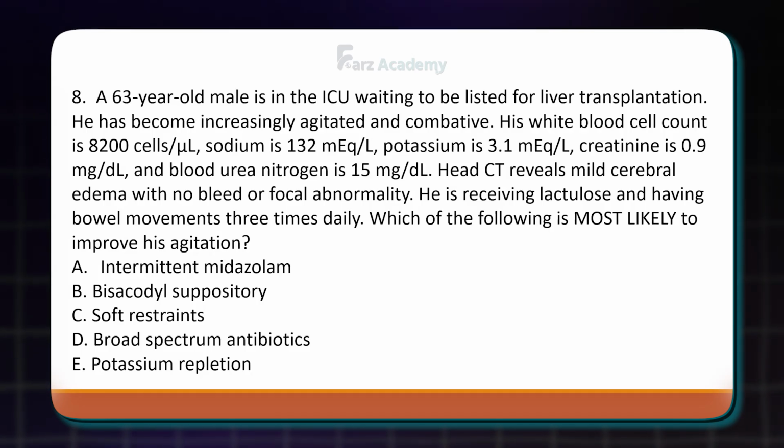Okay, let's see what the correct answer is. At this point, one more thing. Someone has answered, you want to give midazolam for his agitation? You try to find the diagnosis. What exactly? He's listed for liver transplantation. What can be the cause of agitation and combativeness in such a patient? Okay, we'll see the answer.